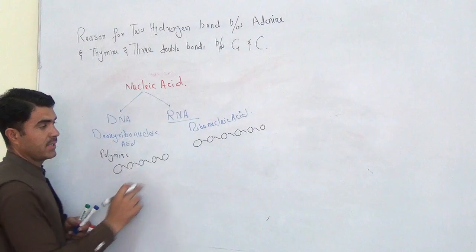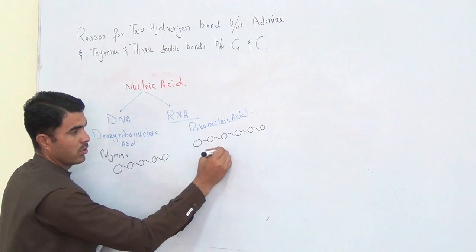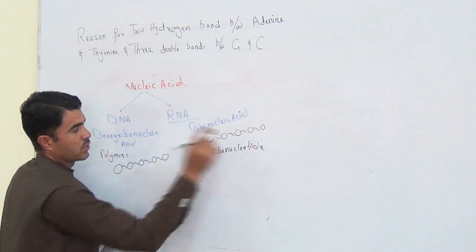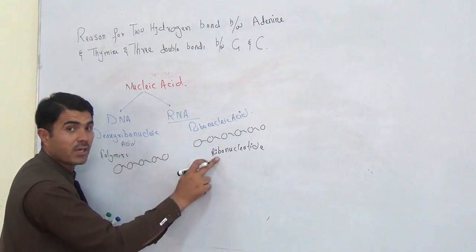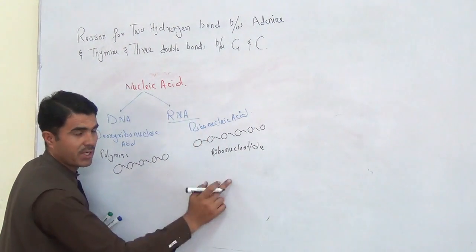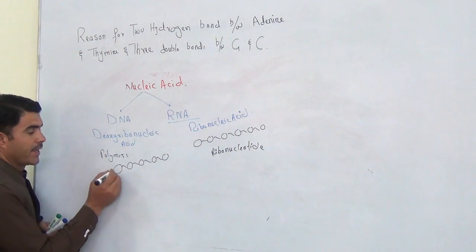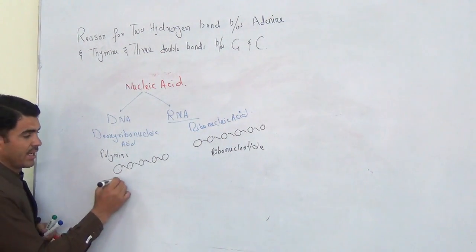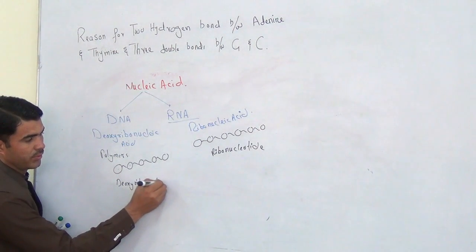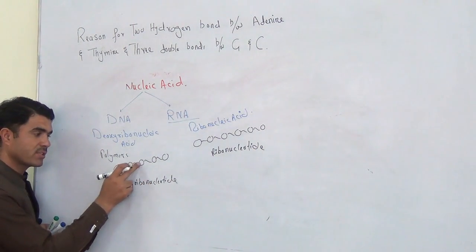The difference is that each unit here is called a ribonucleotide. So RNA is a polymer of ribonucleotides, and you know very well what a ribonucleotide is, because we just discussed this. Here every small unit will be called a deoxyribonucleotide.